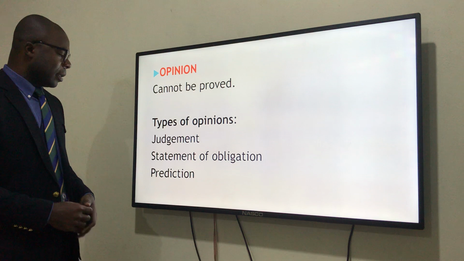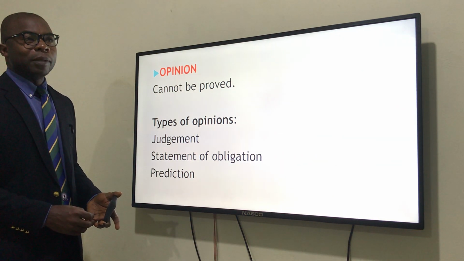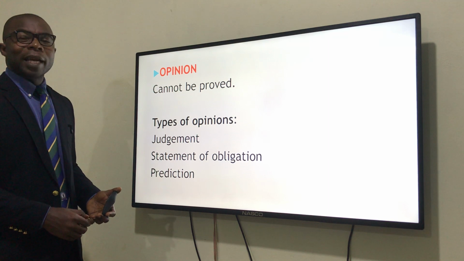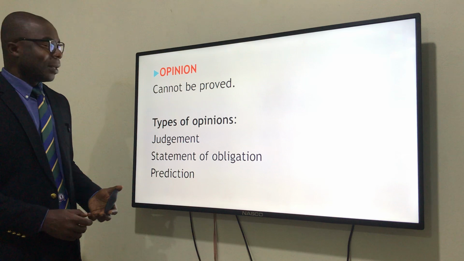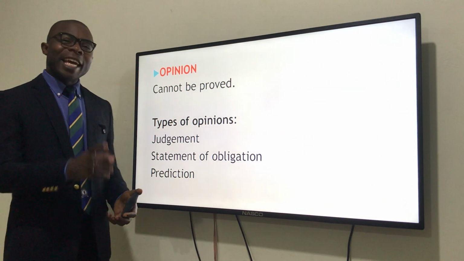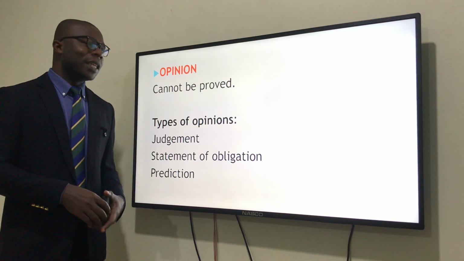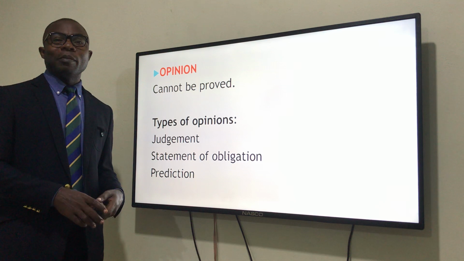Then we have a prediction. Barcelona is going to be beaten by Bayern Munich 8-2. I have a friend who named his dog 8-2 after the defeat that Barcelona suffered at the hands of Bayern Munich.